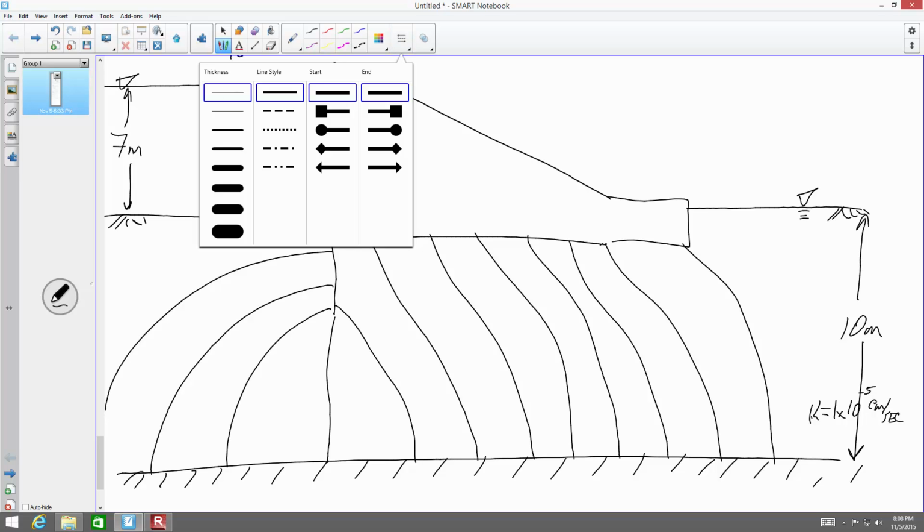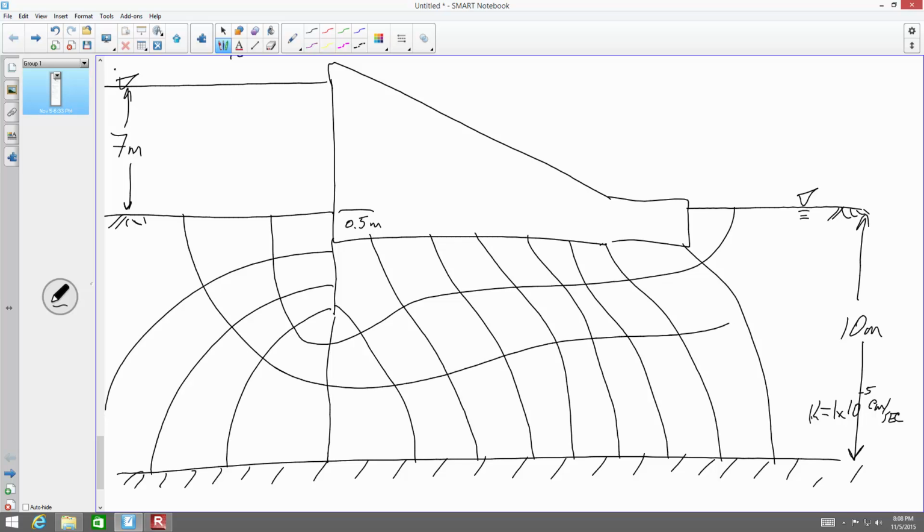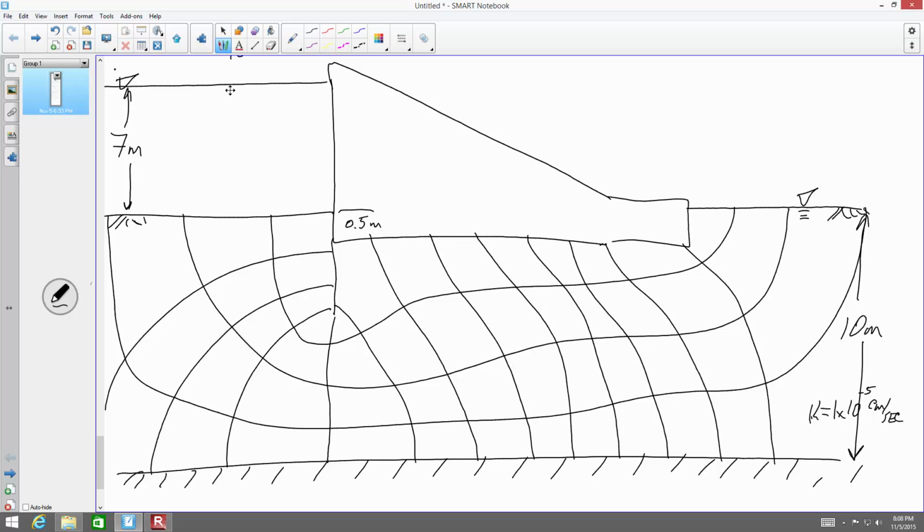And we've got flow lines. They come down around underneath here, back up. And this is 2 meters here to the bottom of this little sheet pile wall they got put in here.